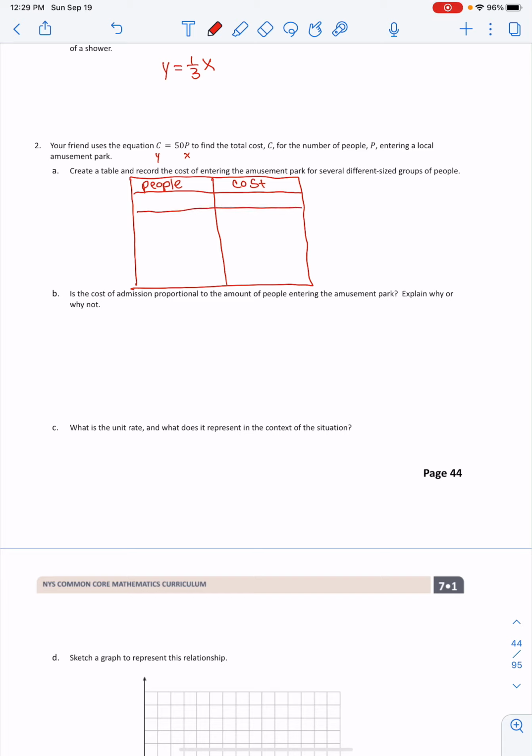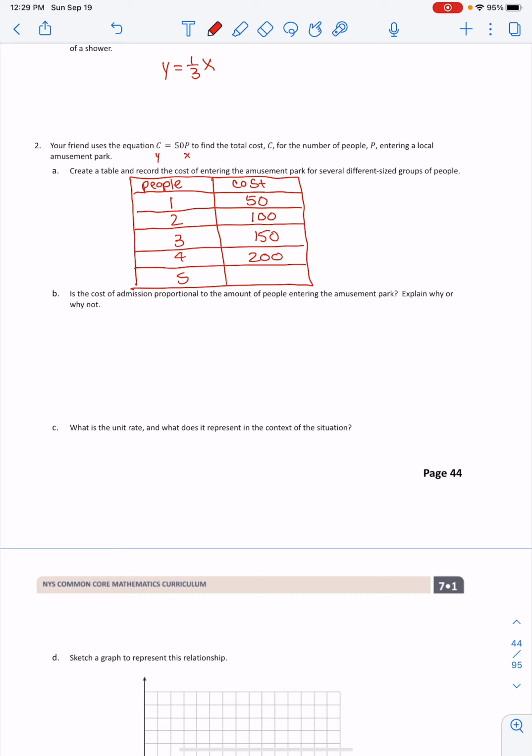So if I create a table, and I say for one person, one person would cost 50. And all I'm doing is multiplying 1 times 50. 2 people would be 100. 3 would be 150. 4 would be 200.